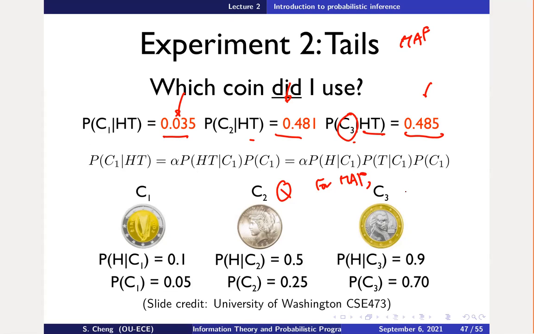For MAP, what is the estimate of the probability of getting a head for the next toss?